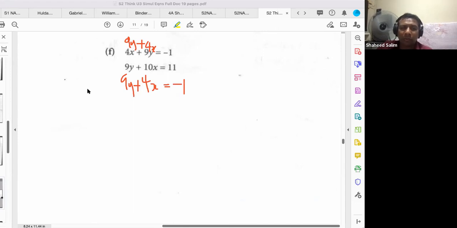In this method, we call it the elimination method. We call this equation 1 and this equation 2.